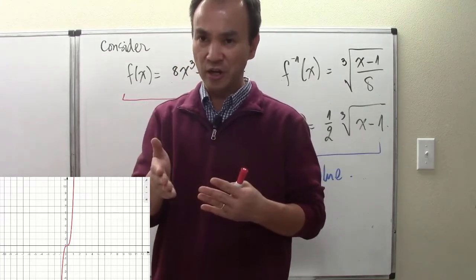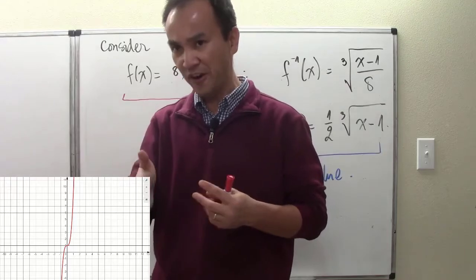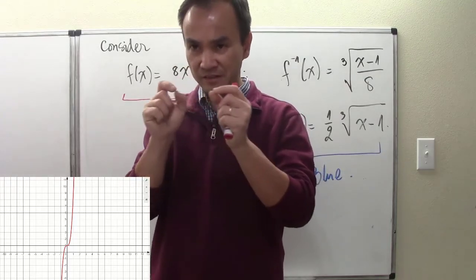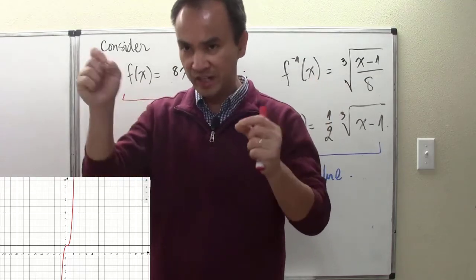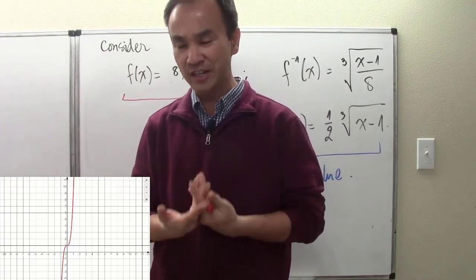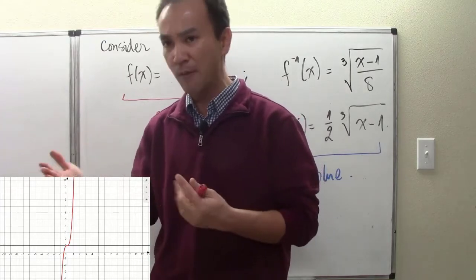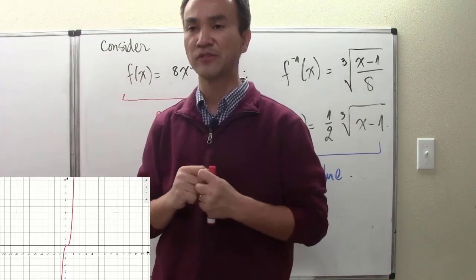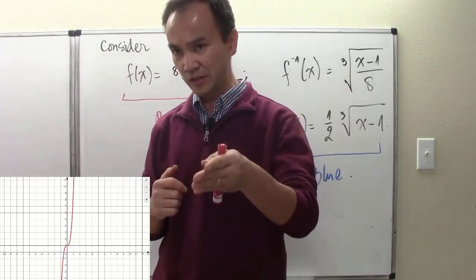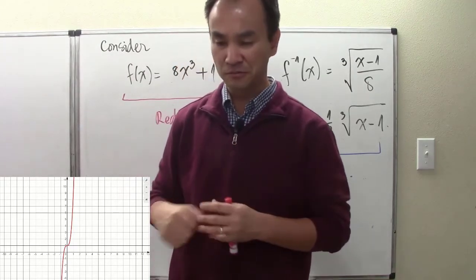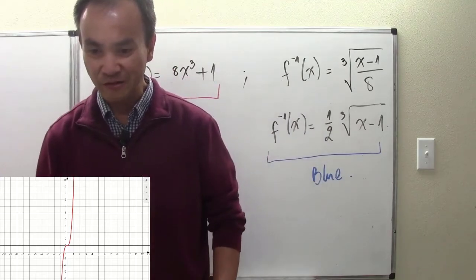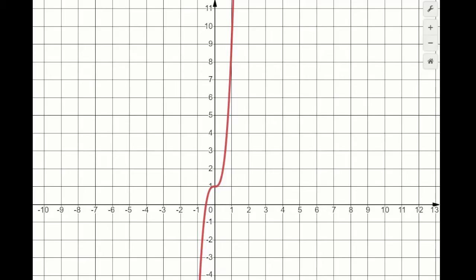This function is obviously, as you're seeing, a one-to-one function, and you can just substitute any value, and it's a simple calculation. So you can use any value to calculate the output, and then you represent your table of values through a graph like this. Okay, and so that's the graph for 8x cubed plus 1.